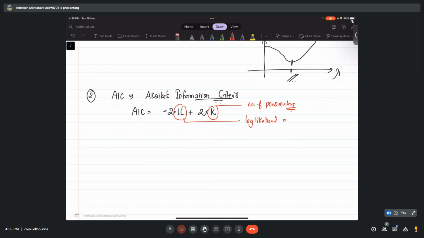The formula for log likelihood: how do you get this value, not only the log likelihood but the whole value, minus 2 times the log likelihood? I searched for this on the internet and I got that it will be equal to n ln(SSE divided by n), where n is the number of data points, basically for validation only.